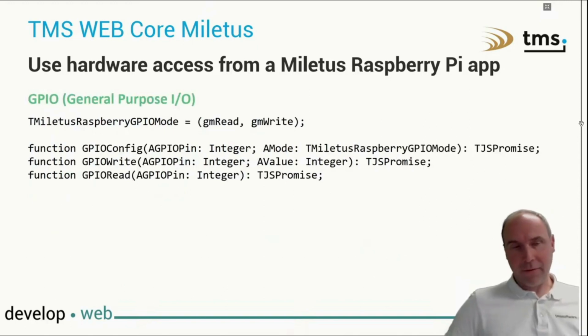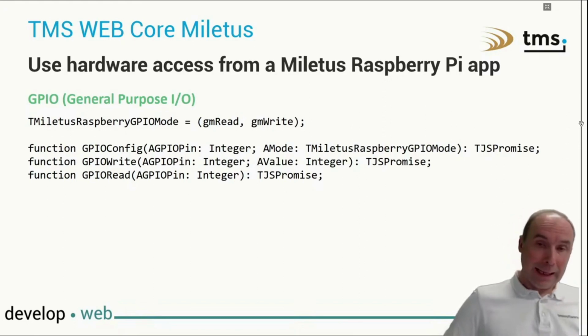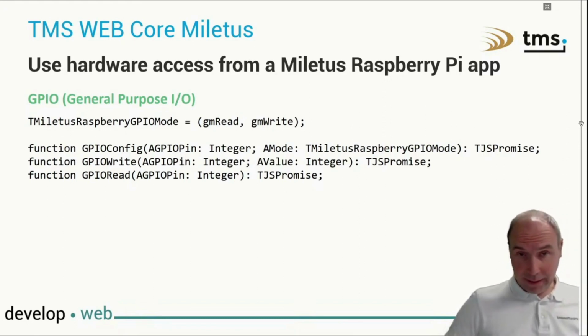And finally, we have the GPIO pins, which stands for General Purpose Input Output. That means that on the Raspberry Pi, you can configure each of these GPIO pins as an output to set a signal to on or off, or also as an input, so you can read the state of some electronic signal via this pin.